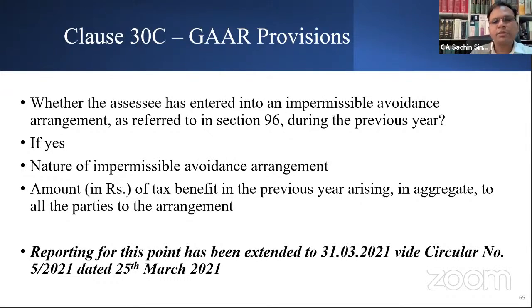So I think this point should not form part of the tax audit report, because with these points like GAAR provisions, like transfer pricing, secondary adjustment, the government is expanding the scope, and they want the tax auditor's opinion on the transaction.